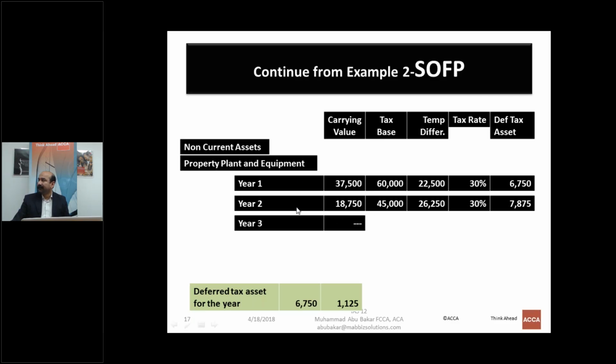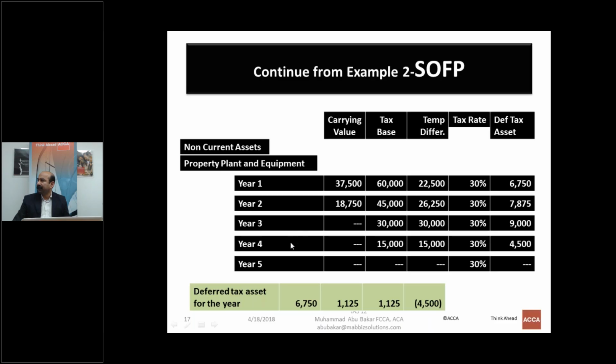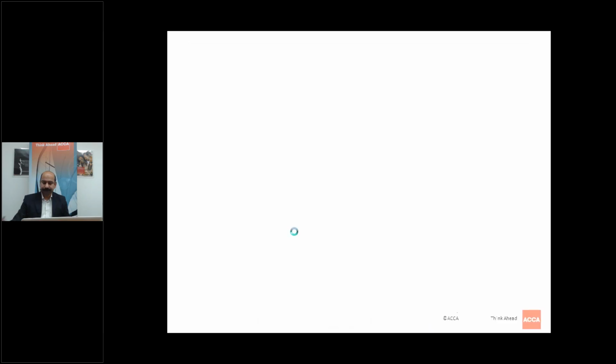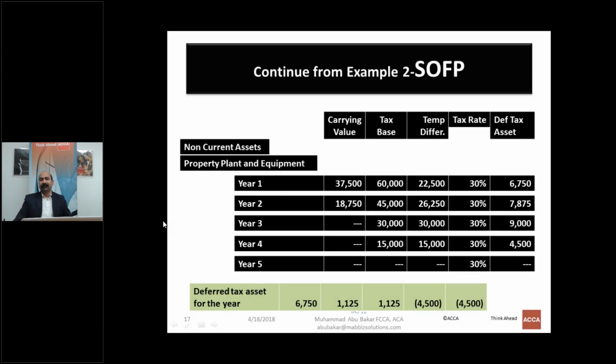In year 3, from an accounting point of view, because this asset was fully depreciated over a period of 3 years, this is the difference. This will give you deferred tax in year 4 and then in year 5. So this is as per the statement of financial position. This gave us the position for each year, and this gave us the cumulative position.